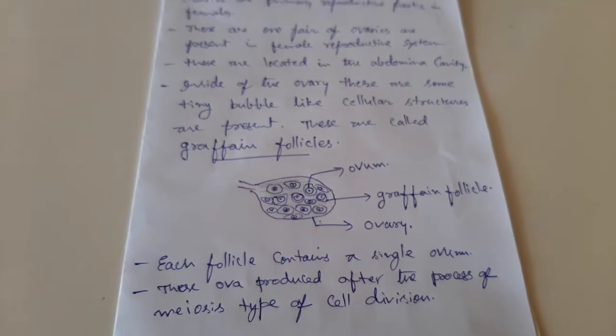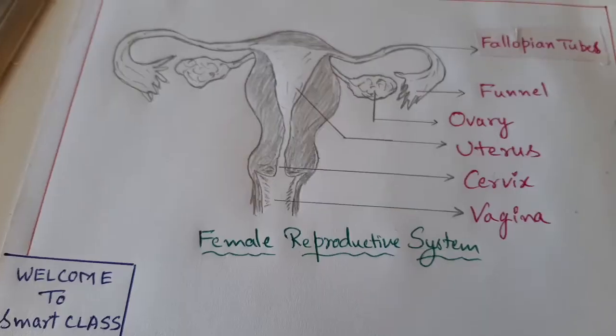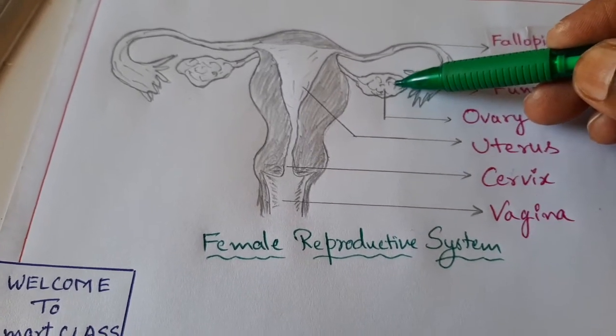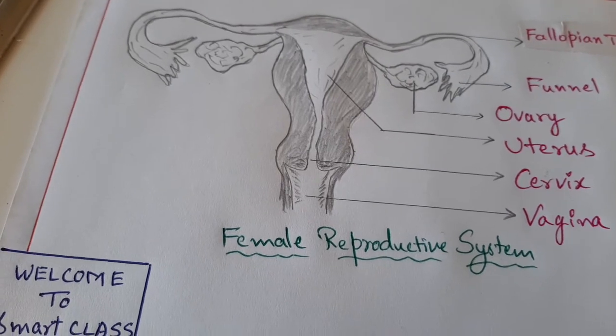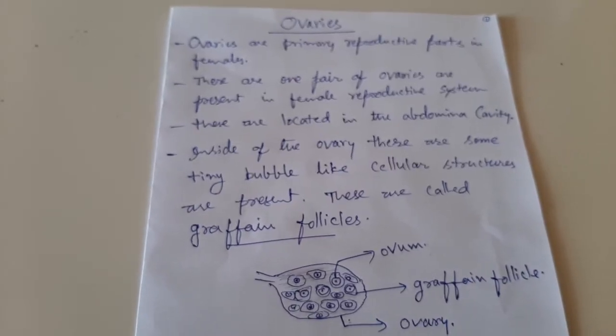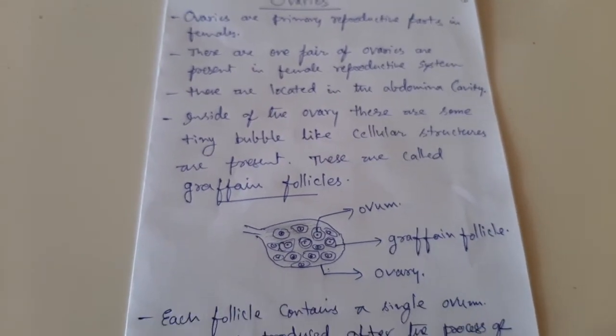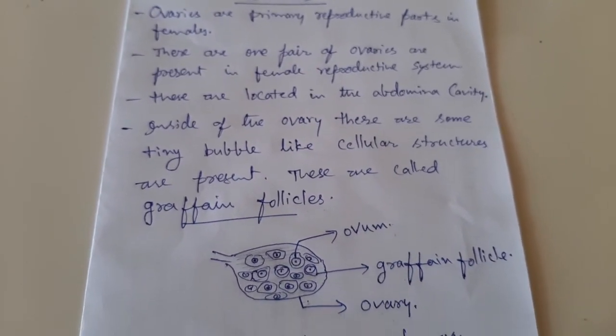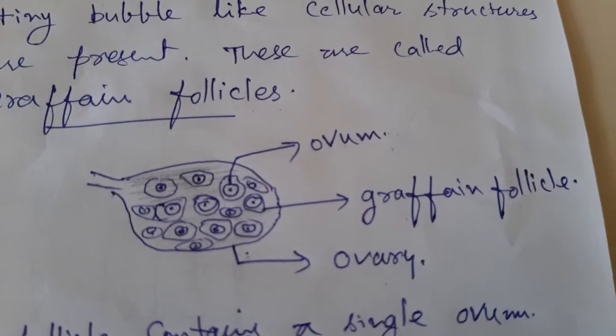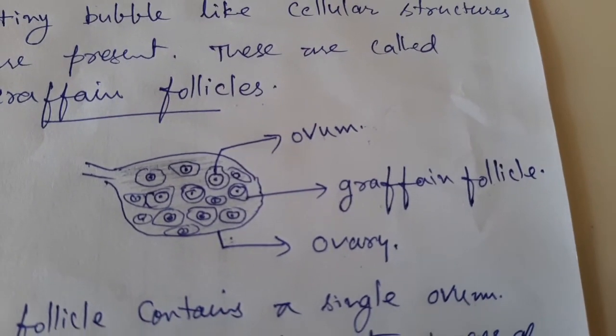So this is about ovaries. If you get a question about ovaries, you have to write this information. And these are Graafian follicles.